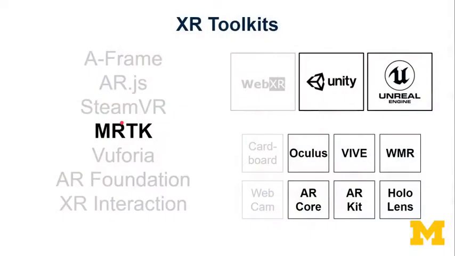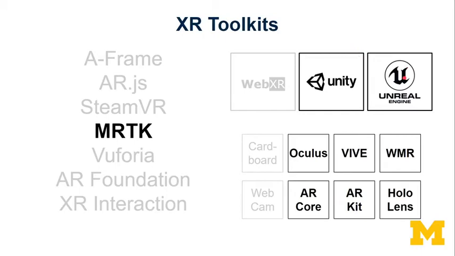Mixed Reality Toolkit. We are now entering augmented reality for a bit. Mixed Reality Toolkit works pretty well with Unity, and it works very well with HoloLens, and it does have support for VR and also a little bit of smartphone-based AR. So actually relatively growing and broad support. There's also a Mixed Reality Toolkit version for Unreal.